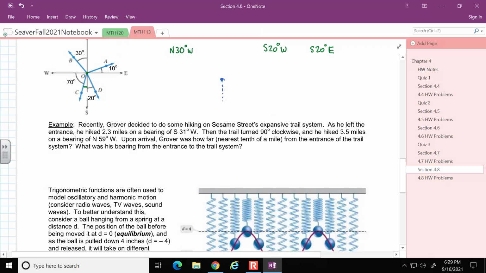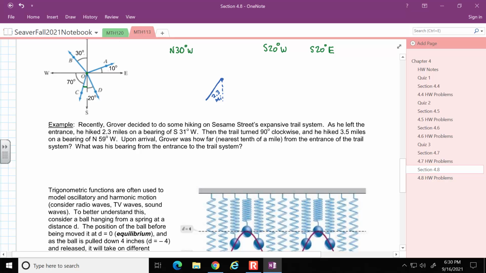21 degrees, that's east, sorry, west, right, and he went about 2.3 miles, so here's kind of where we're at. It has a measure of 2.3 miles.